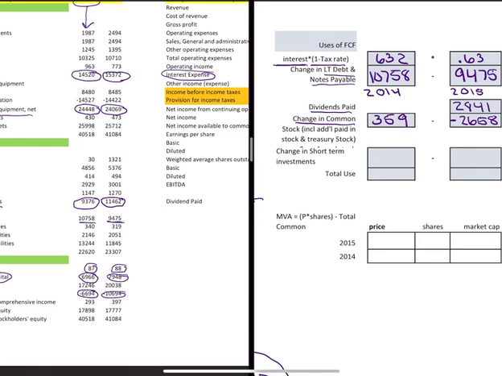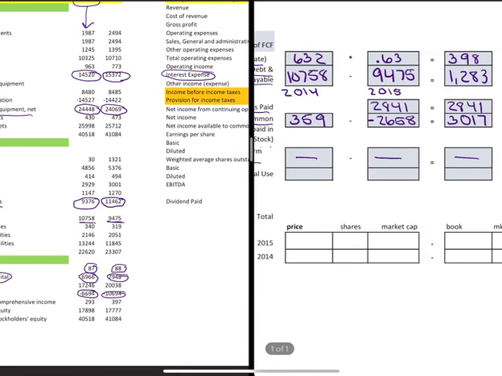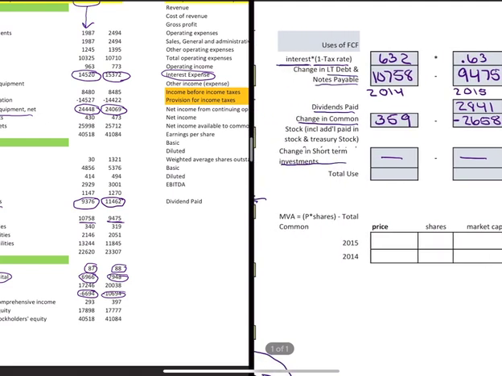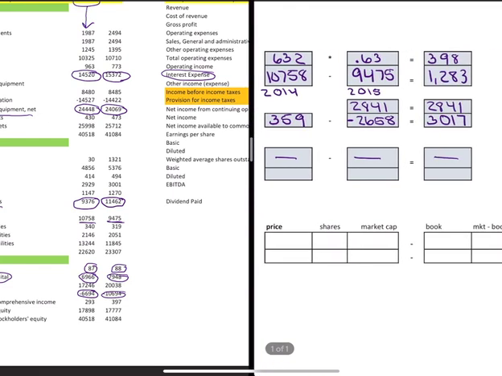And the next one is change in short-term investments. This company had no short-term investments, so we are not calculating anything there. And then we would add up our total use. So our total use is going to be the 398, 1283, 2841, 3017.